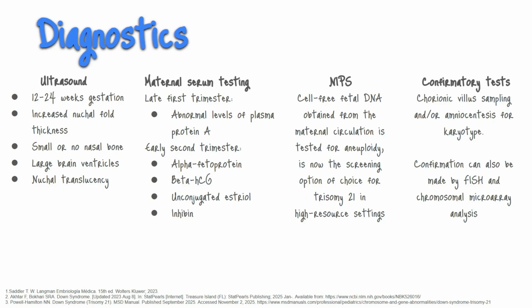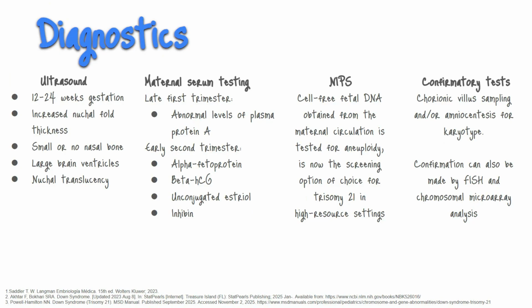NIPS is a cell-free fetal DNA test obtained from the maternal circulation, and it is tested for aneuploidy. Remember, aneuploidy is any number of chromosomes that's not the 23 pairs. This is now the screening option of choice for trisomy 21 in high-resource settings.